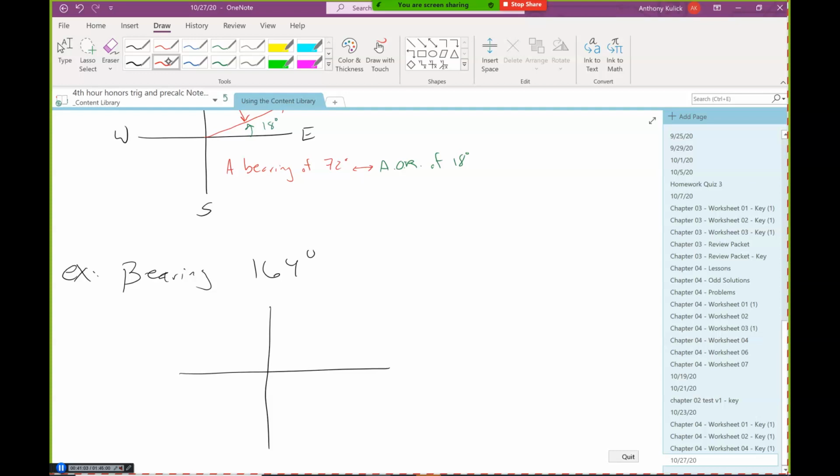How much is that little piece? Well, this is 90, 94. So this little piece has to be 16, right? Everybody agree with that? So this then has to be 286.